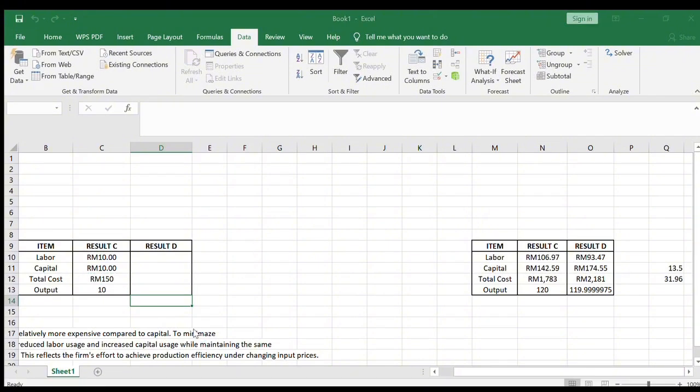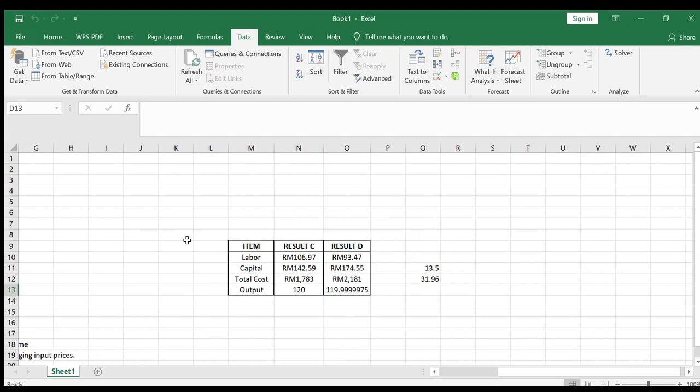Go to Solver and OK. The answer is this.